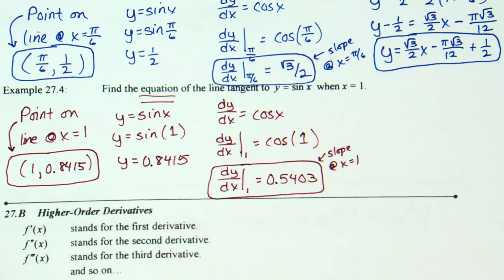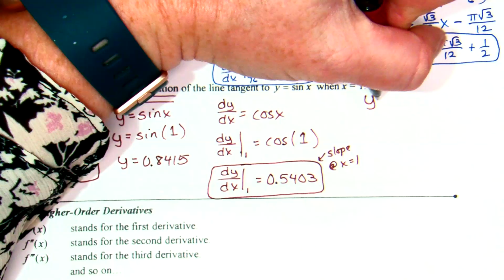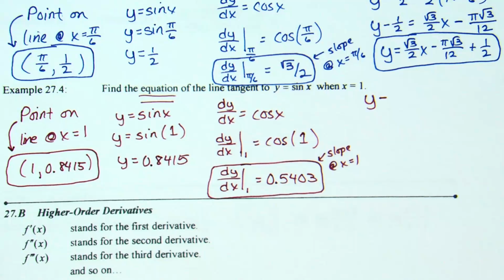Okay, you ready for your equation? Yes, ma'am. Y minus 0.8415, and you could do this 2 different ways. It is 0.8415. You could also, where did that 0.8415 come from? Sine of 1.